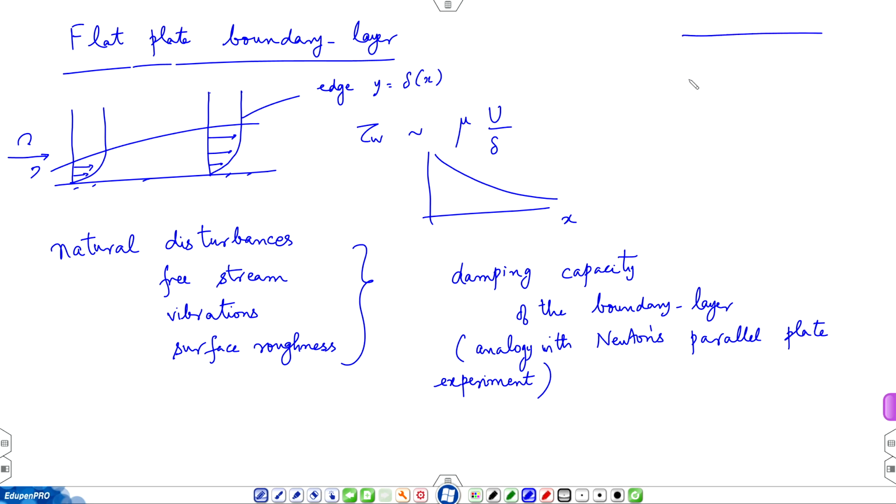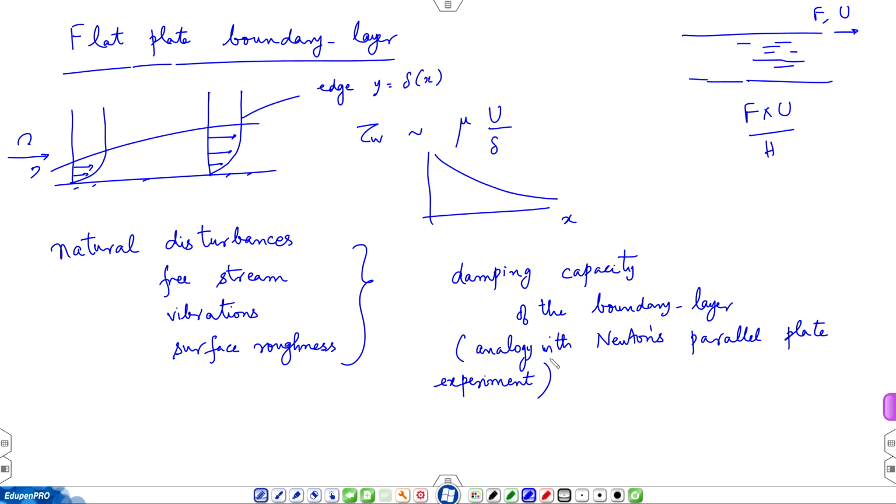So, here in Newton's parallel plate experiment, this is F u. So, the damping provided by the medium contained between the parallel plates is F times u divided by h on a unit volume basis. Okay. Force into velocity, all of it is dissipated in the body of this liquid, F times u divided by h.